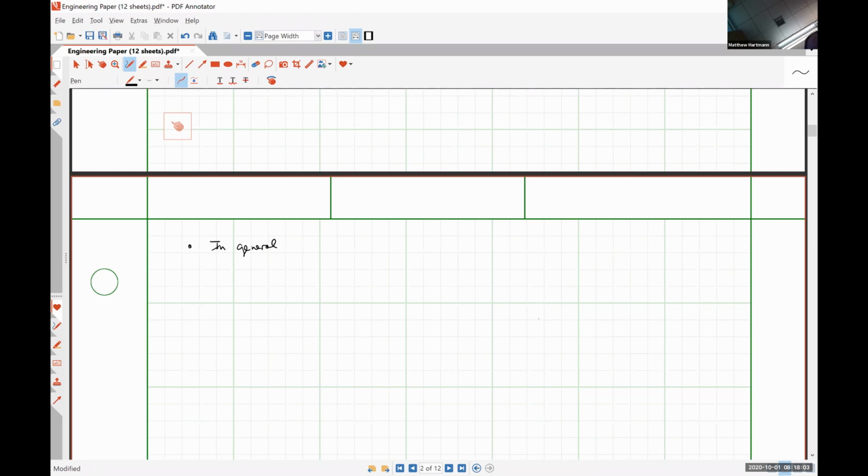The behavior of semiconductors looks something like this. On this axis, we have the resistance as a function of temperature. On this axis, we have temperature, which can be measured either in degrees Celsius or Kelvin.